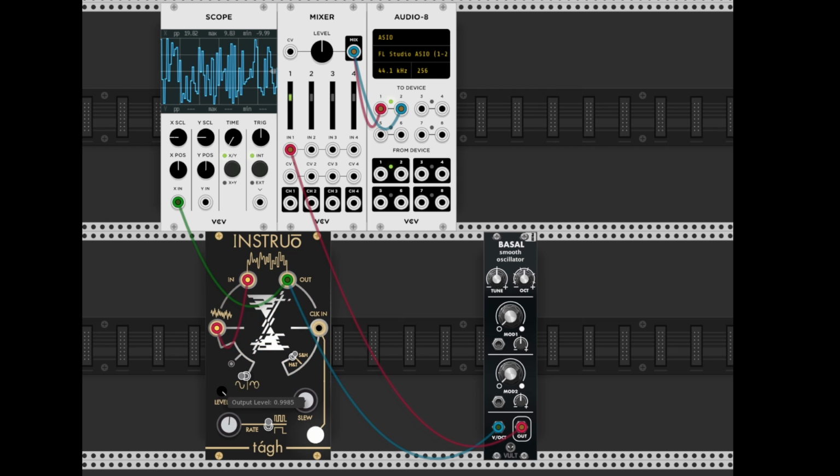Let me reduce it with this little black knob. Yep, so this is only using the internal path, and this is using internal and external path, going out and in again.